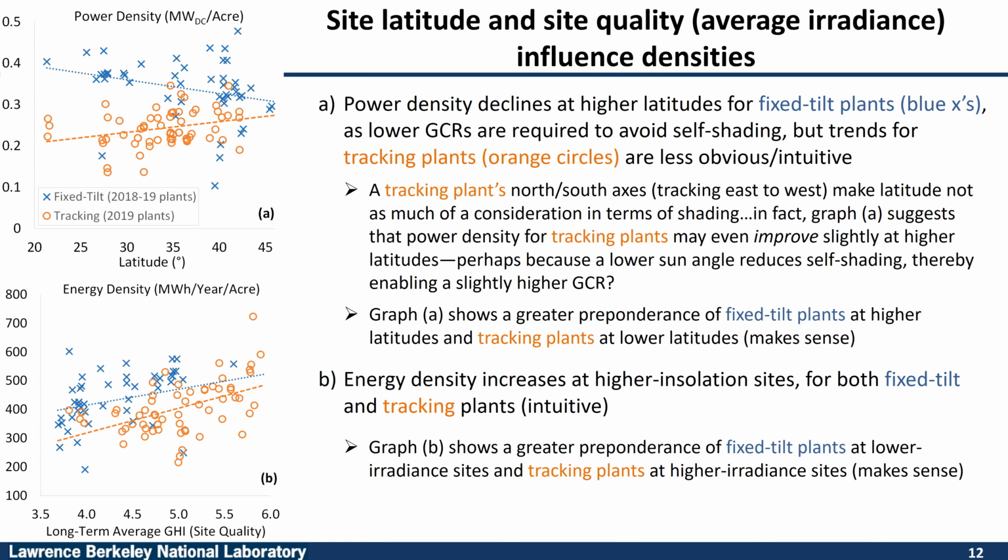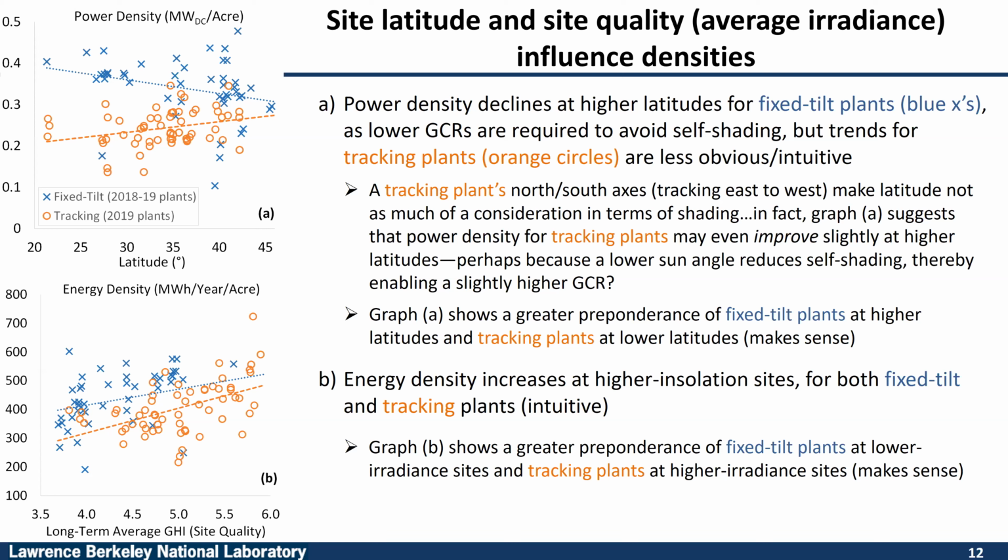Keep in mind that for tracking plants, the rows run north to south with the modules tracking east to west, which means that self-shading at higher latitudes is not much of an issue for tracking plants in the same way that it is for fixed tilt plants where the rows run east to west with the modules tilted south.